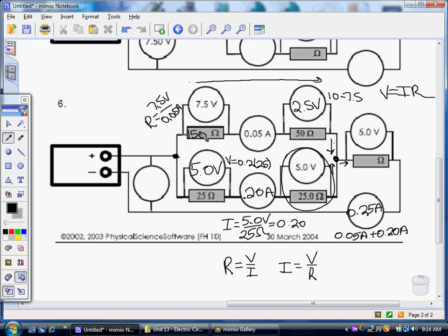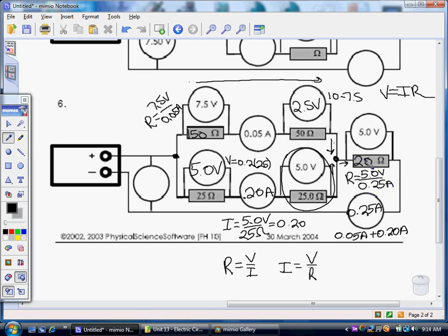Then I need the resistance of the one that's in series with the parallel combination at the very end of the circuit. So working on this one, I get R equals V over I, which is going to be 5.0 volts. And where do I get this current from? Well, the current going through this is the total current in the circuit. So I get 0.25 amps down here at the bottom. So 5 divided by 0.25 is going to give me 20 ohms up here.